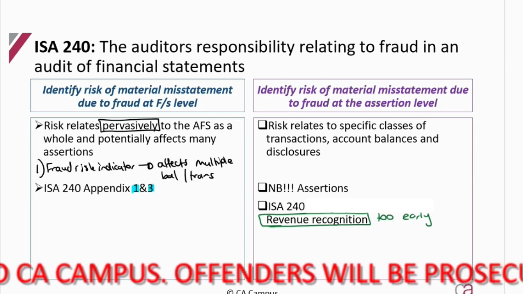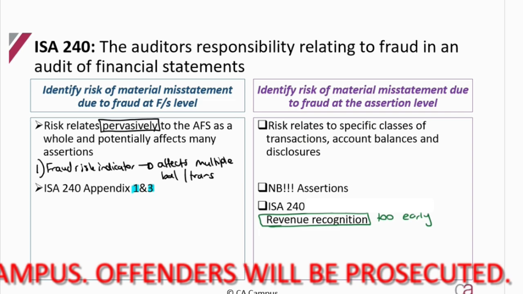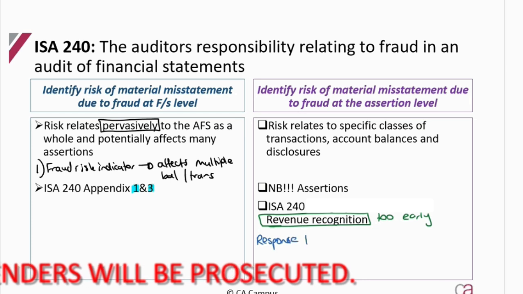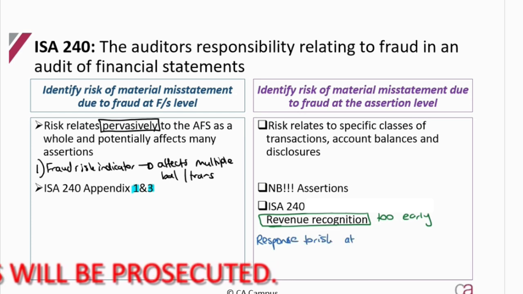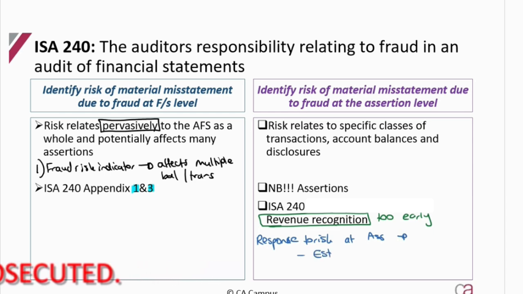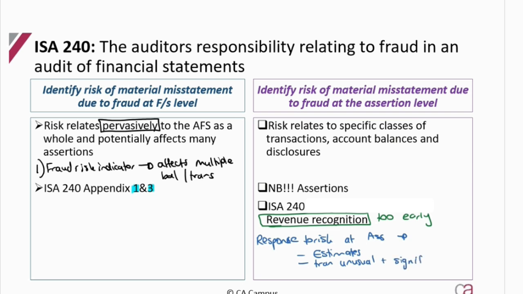The rest are not addressed as risks, but when they get to the response to risks at the assertion level, they discuss that you have to do additional work on estimates and additional work on transactions that are unusual and significant, so not in the normal course of business, and on year-end journal entries, adjusting entries.